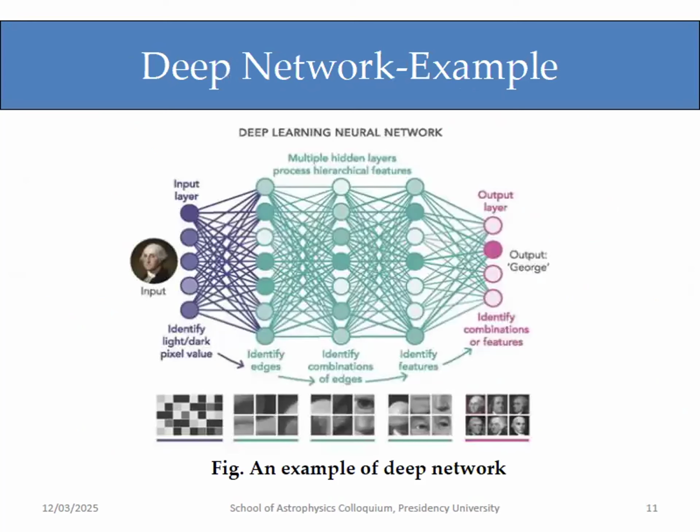So this is an example. In the input, you have multiple hidden layers, and as you can see here at the bottom, there are different primitive features, and as you go from left to right, these are getting enriched, right? And then finally you could identify the correct output.